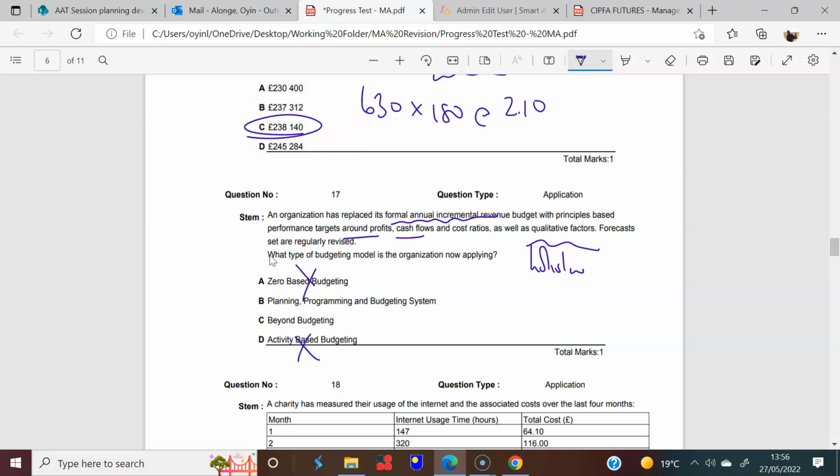You're basing it around profits. You're looking at ratios. So it's quite a round budget. Typically, this tends to be a specific project type of budget approach. But this idea of beyond budgeting is really saying we're thinking beyond the numbers, and the fact that it mentions qualitative factors is the key driver there to give you the answer of C.